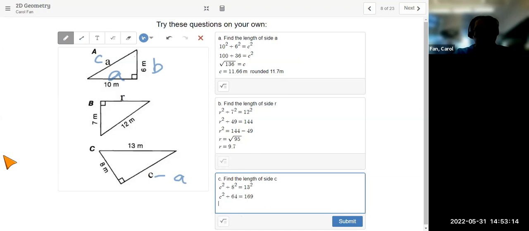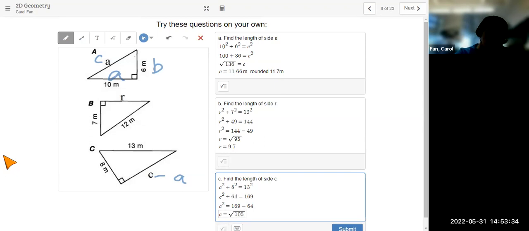C squared equals 169 minus 64. C is equal to the square root of 105. So we get a calculated side of 10.2 meters. Daniel, if you would like to leave it as a square root, that's fine as well.